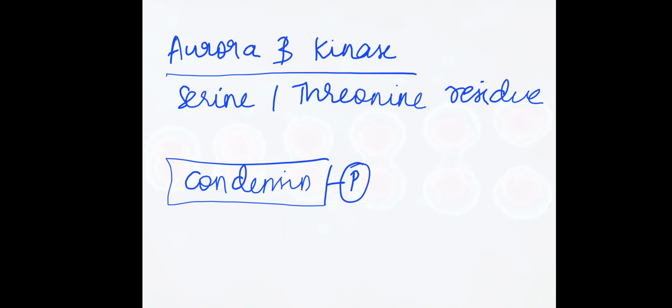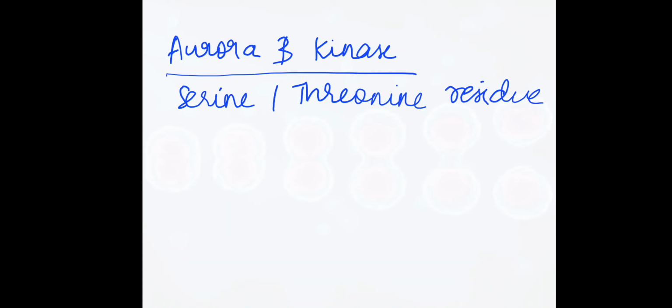This mCDK influenced the assembly of the mitotic spindle by phosphorylating proteins that regulate microtubule behavior. That was the point where we studied the Aurora B kinase, right?